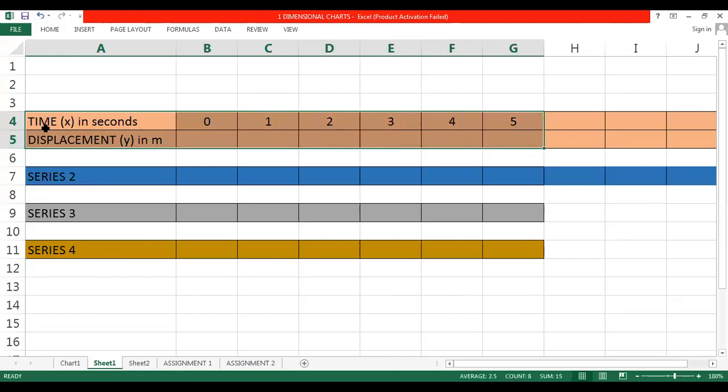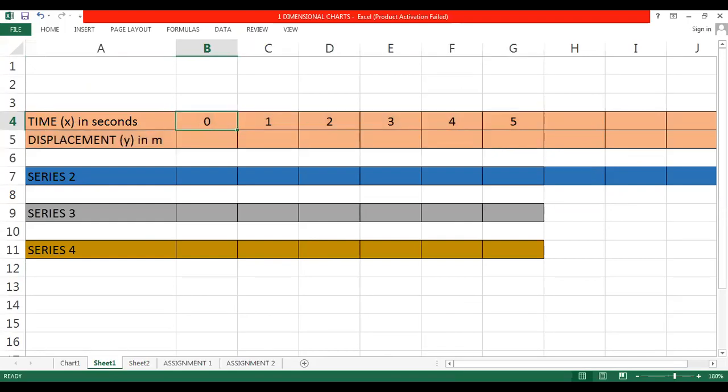We have time on the x-axis in seconds, and displacement on the y-axis in meters. The time of observation is 5 seconds. So draw this chart.